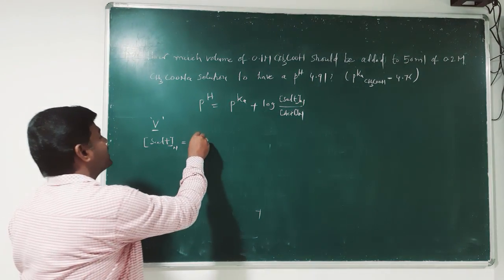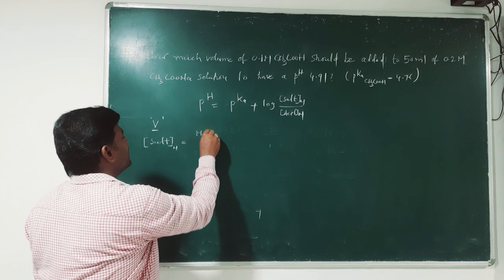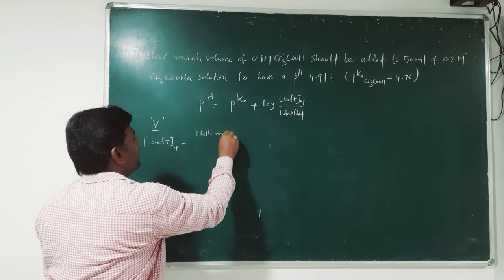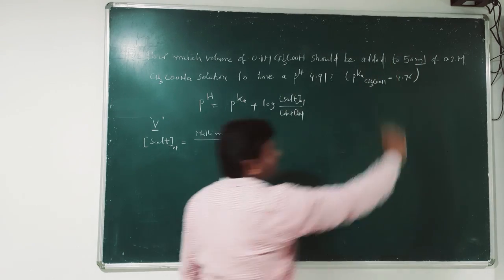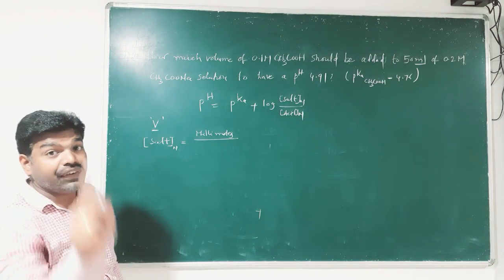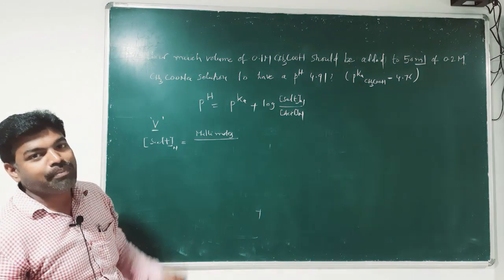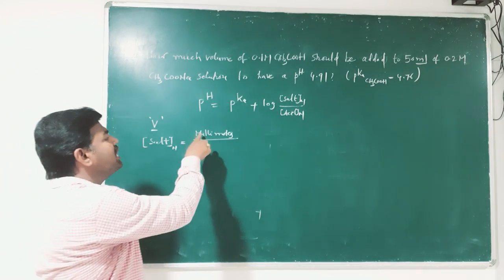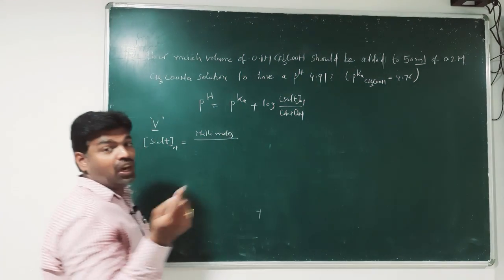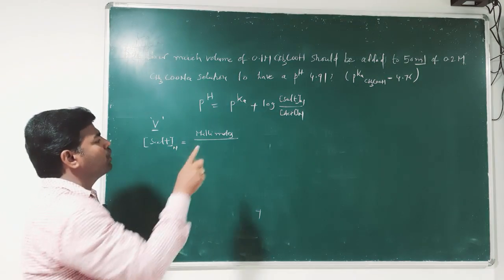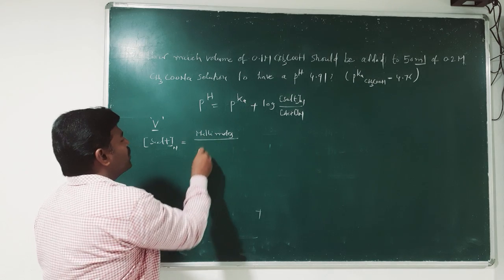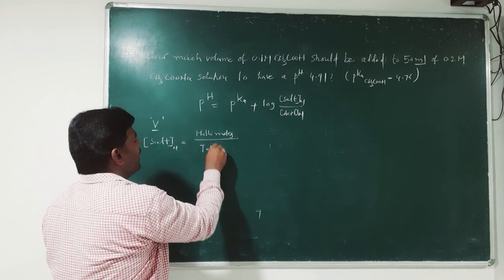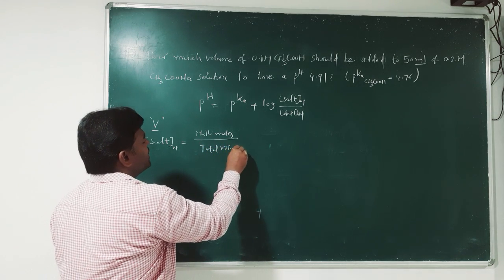The formula is millimoles by total volume. Why millimoles? Because the volume is given in milliliters. And total volume, because it is a mixture.